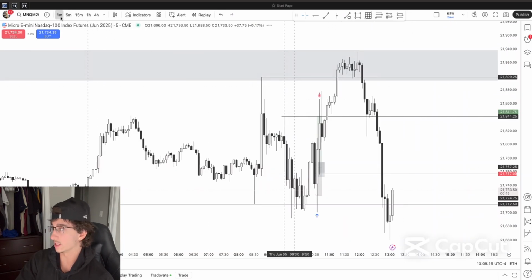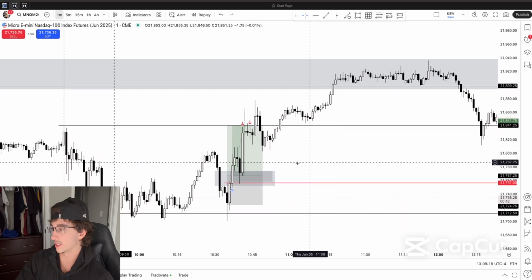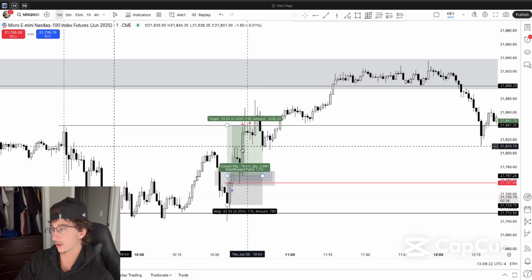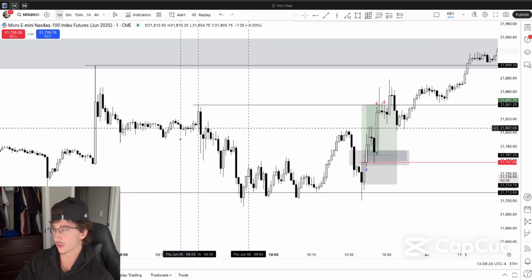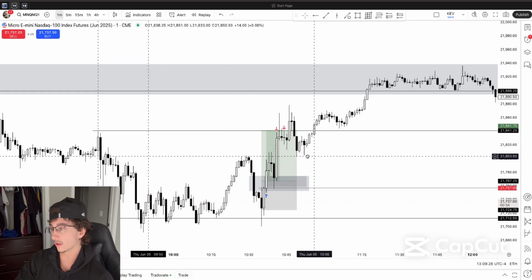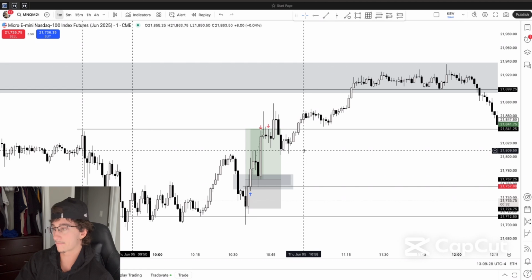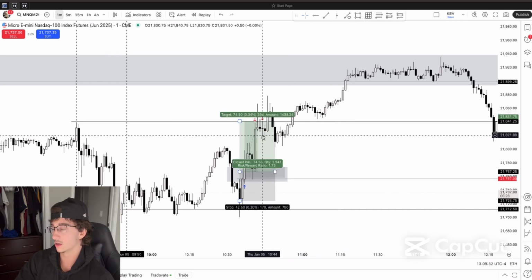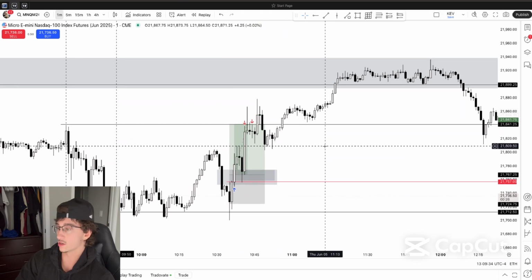Overall, that made me want to take my final take profit out. And for how late I entered and how late we are in the trading day, I like to take my trades typically around the macro. I started to lose confidence in the trade, so I got out. But yeah, that was my overall trade for today.